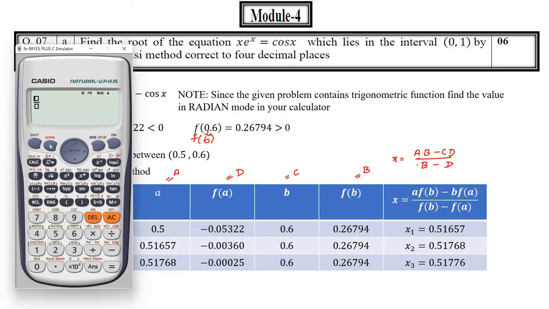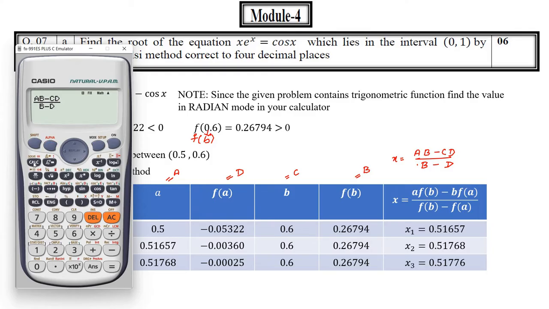Press alpha A, alpha B, minus, alpha C, alpha D, whole divided by alpha B minus alpha D.